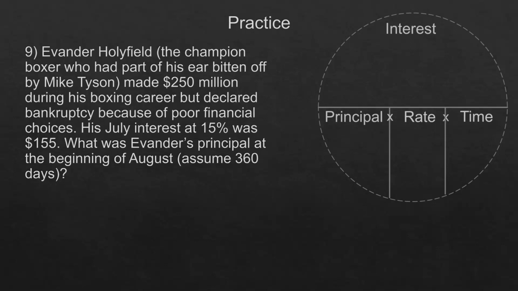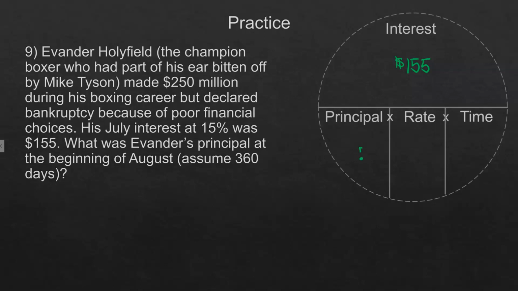His July interest at 15% was $155. What was Evander's principal at the beginning of August? Assume 360 days. So we're on the ordinary interest again. The interest amount is $155. And we're looking for the principal, right?